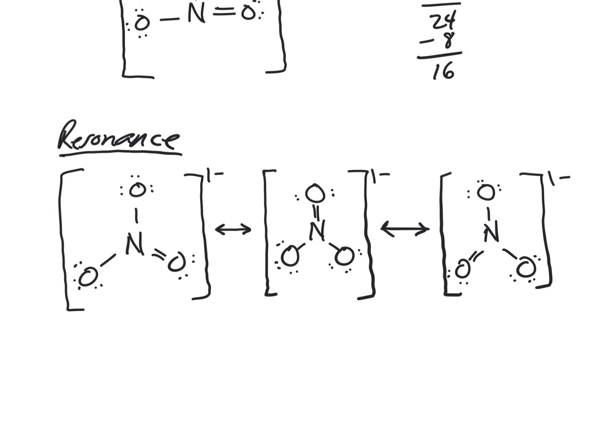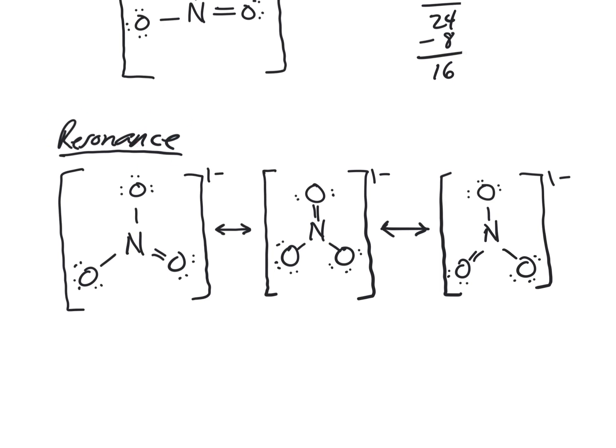If I kept going counterclockwise, you would then see the double bond at the bottom left. If I turned it counterclockwise one more time, you would see it where we started, okay? So these structures all exist at the same time, basically, and that's what resonance is about.